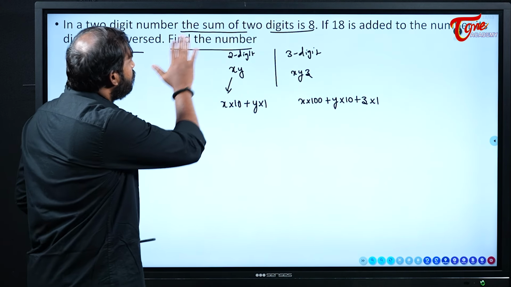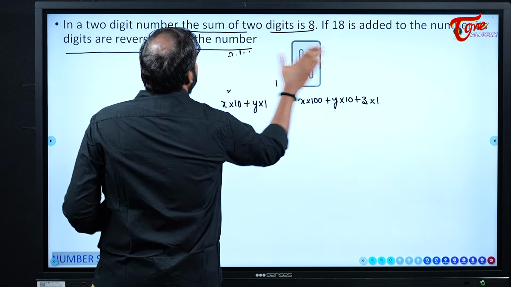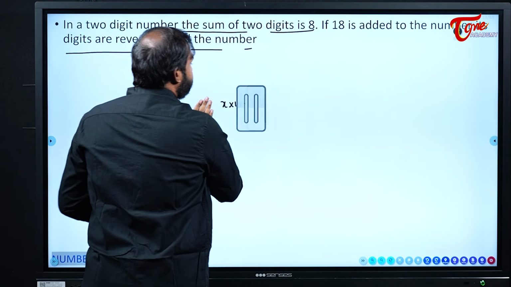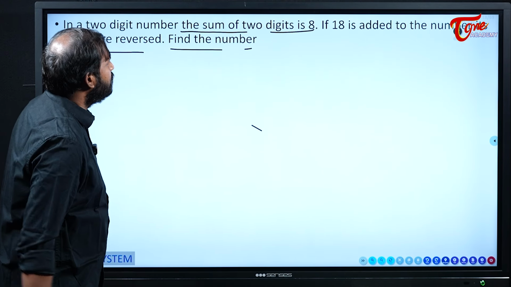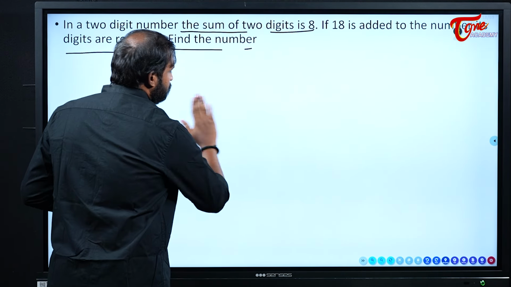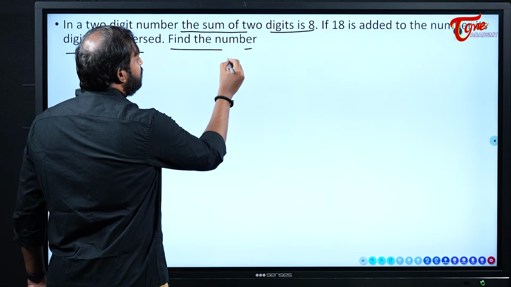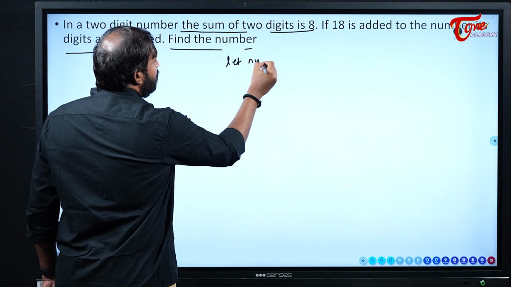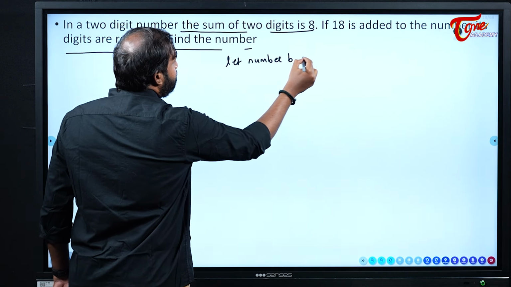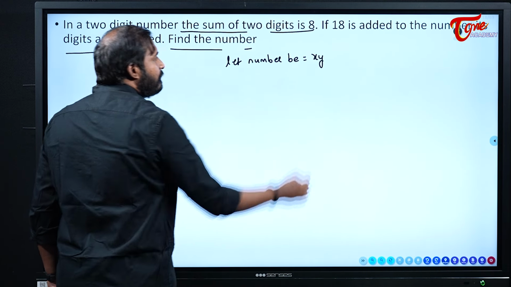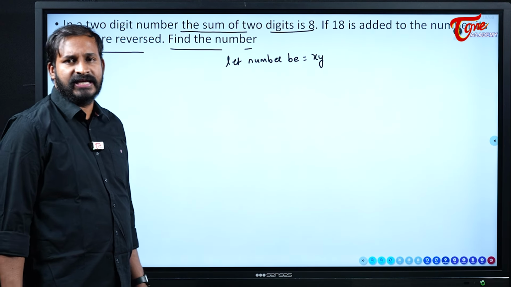Okay, now we will come to our given question. What is the given question for us? In a two-digit number, the sum of two digits is 8. Okay, that means let the number be xy. Two-digit number, right? Just now I told you, I will take that as xy.